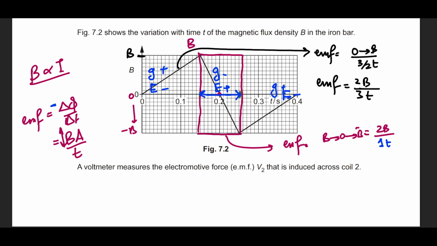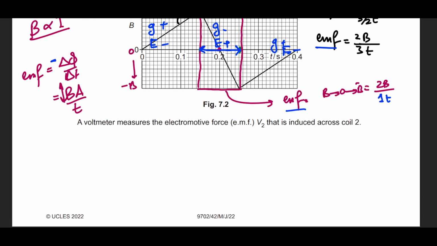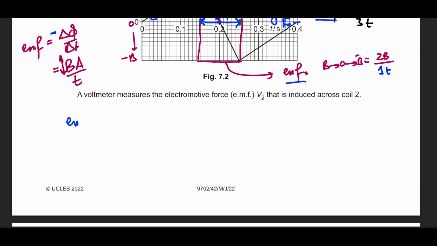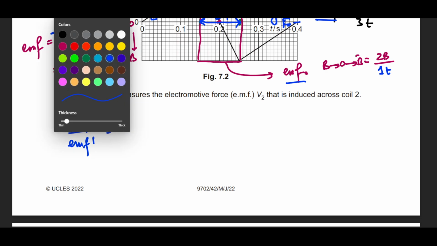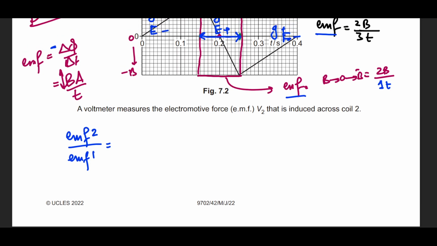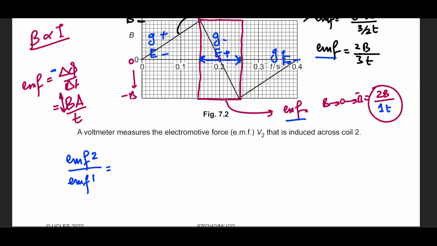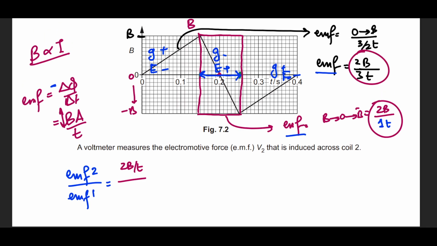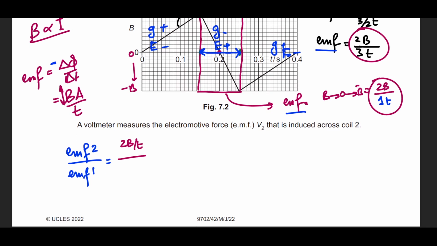Now we have to compare the EMF of the first section to the EMF of the second section. So what does that look like? So EMF of the second section divided by EMF of the first section, just to develop a ratio. So EMF of the second section is 2B by T, divided by the EMF of the previous section, which is 2B by 3T.